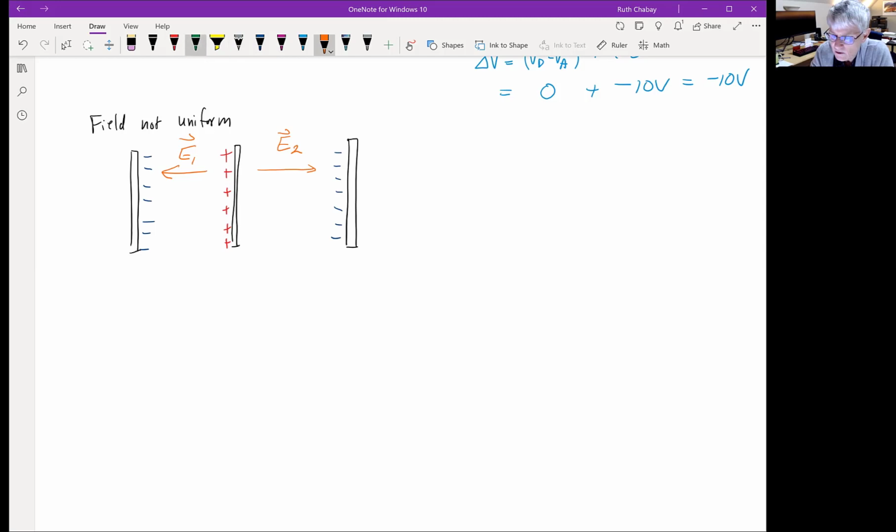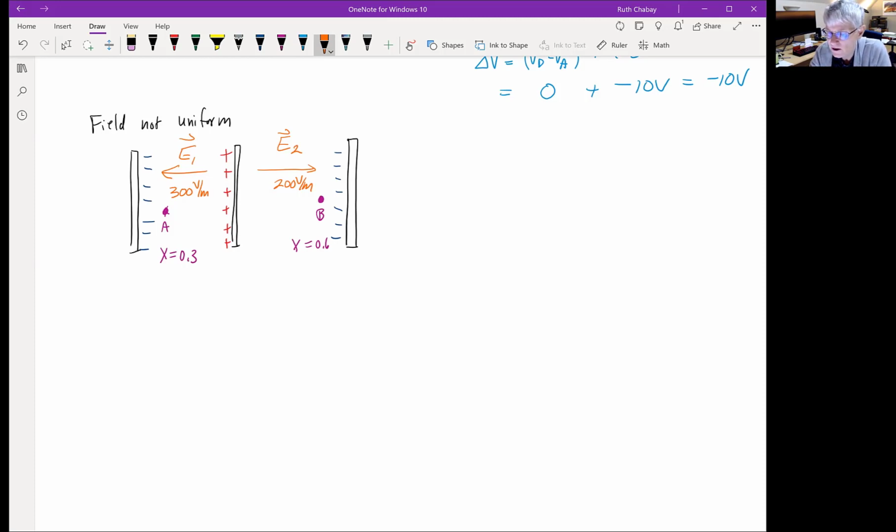And suppose we want to know the potential difference between location A, which is here, we'll say x equals 0.3, and location B over here, which is x equals 0.6. We know the magnitudes of these fields: this is 300 volts per meter, and this is 200 volts per meter.